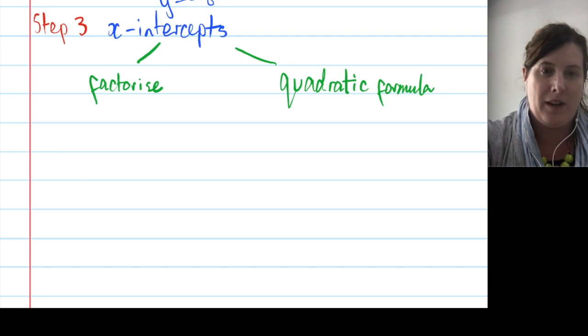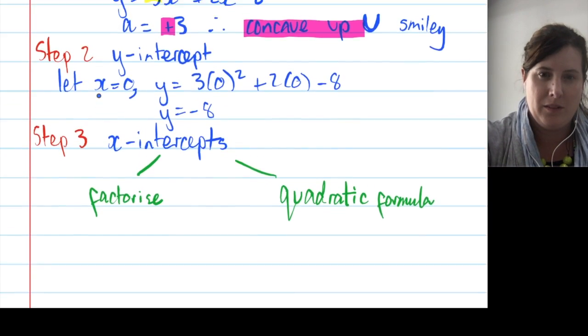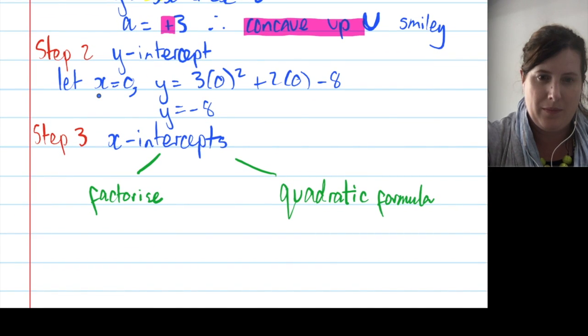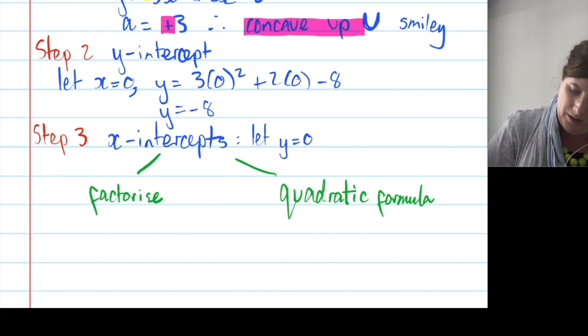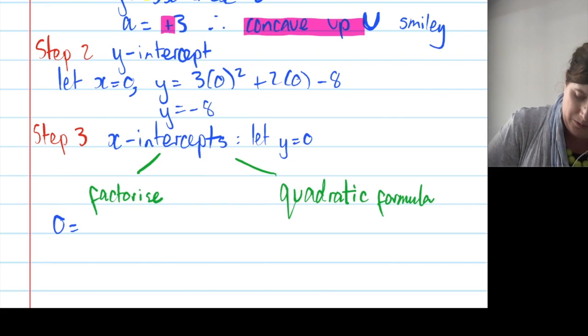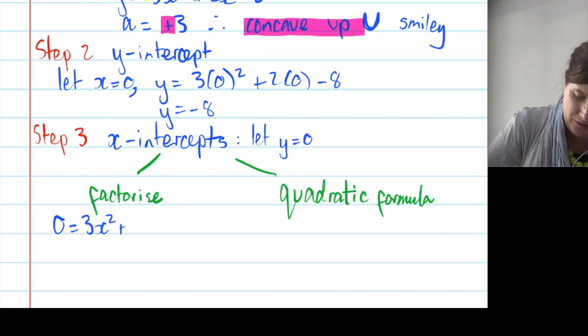Okay, factorize. Let y equals 0. So we've got 0 equals 3x squared plus 2x take 8.